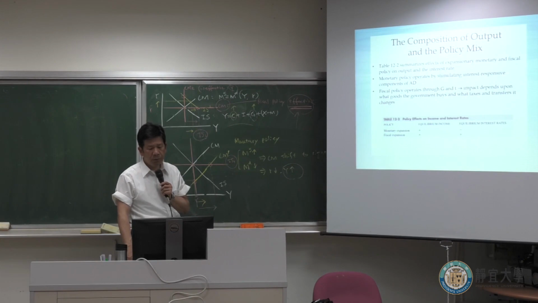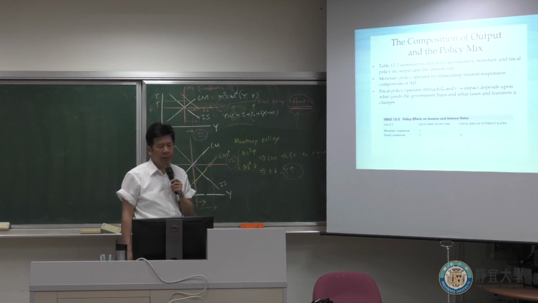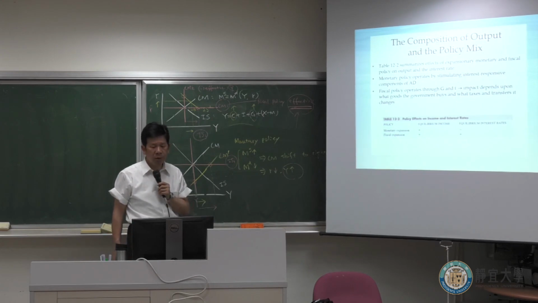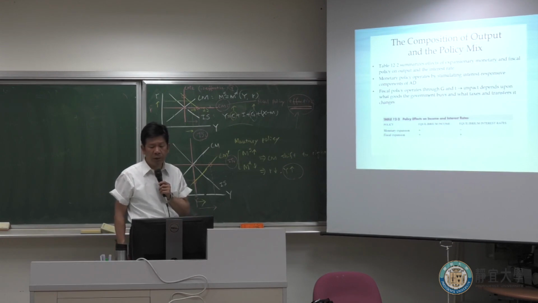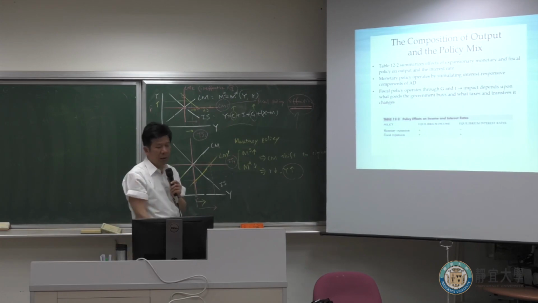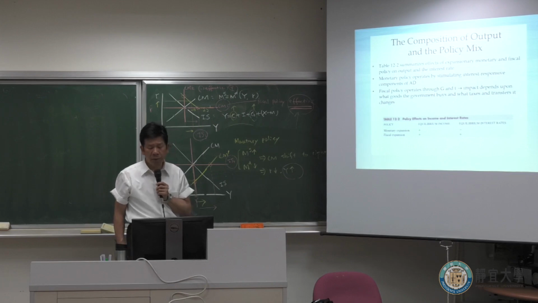If monetary policy uses expansion, it can let the equilibrium income increase, but it lets the equilibrium interest rate decrease. And if we use expansionary fiscal policy, we can let equilibrium income increase, and equilibrium interest rate also increase as well. So you can compare this result.